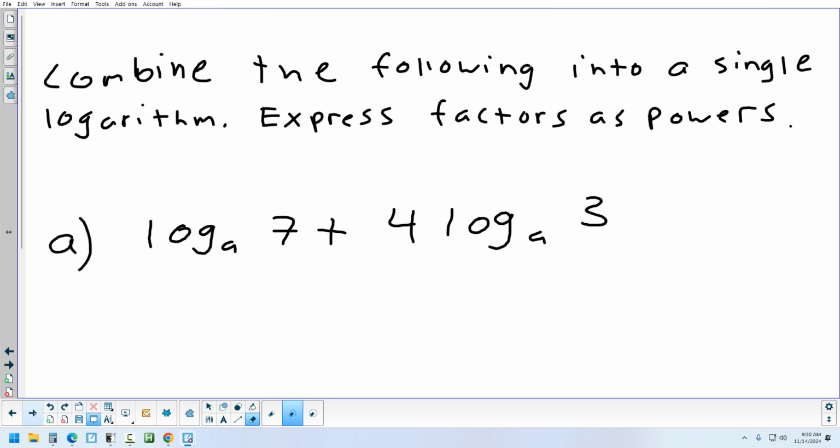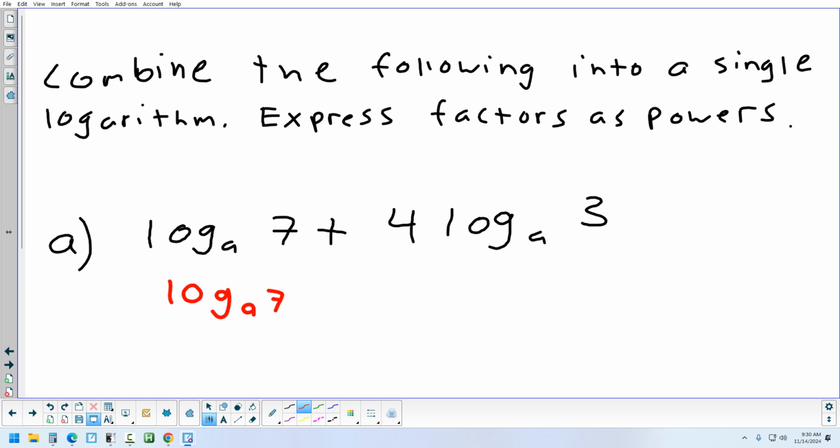Okay, so let's look at this one. What's the first thing that you would do here if you were reversing everything we just did in the last problems? Yeah? Break apart the 4 log A 3 and turn it back into log A 3 to the 4th. Yeah, put the 4 back as the exponent. Okay, so let's start with that.